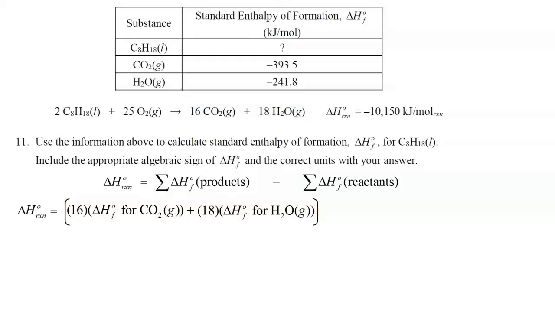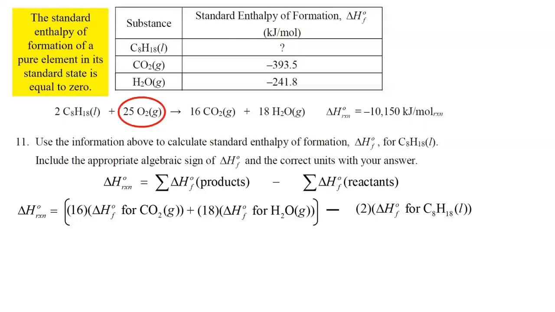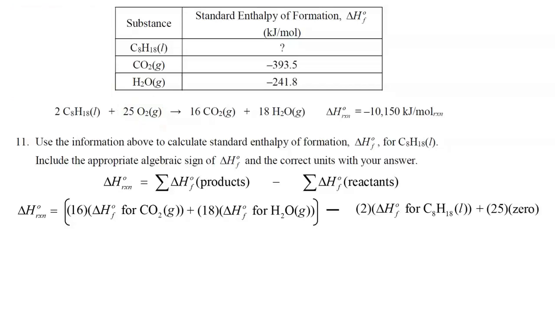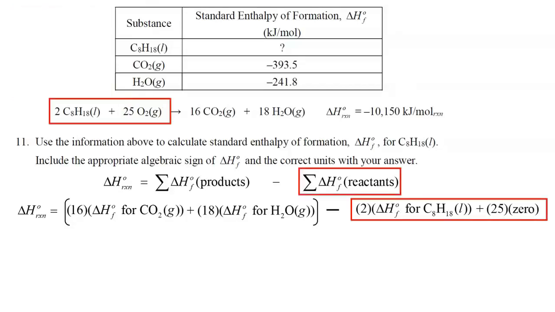And then for the reactants, we have 2 times the delta H of formation for liquid octane, which again, we don't know that value, but we can figure it out. And then plus 25 times the standard enthalpy of formation for O2. But again, that's not listed because by definition, the standard enthalpy of formation for a pure element in its standard state, like O2, is equal to 0. So 25 times 0 is still 0. And again, the reactants are liquid octane and oxygen O2.